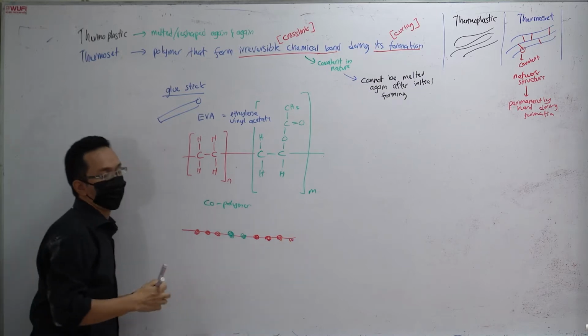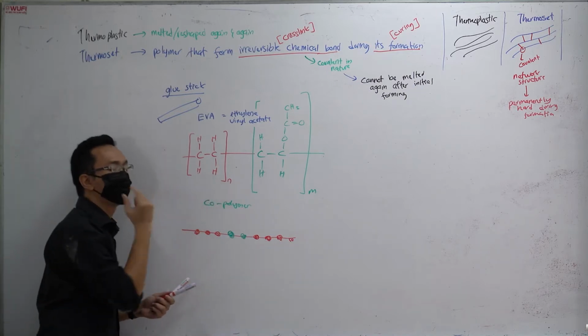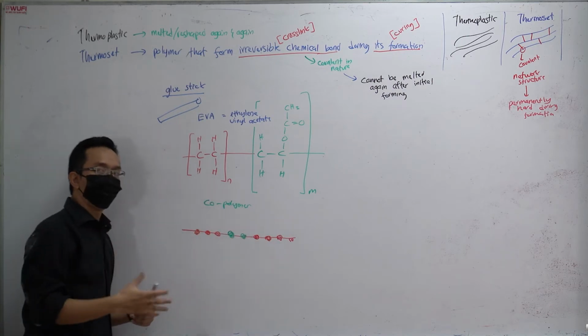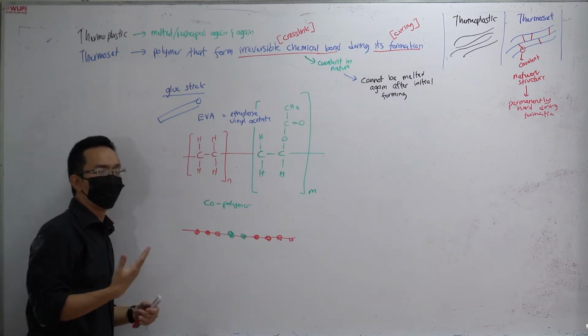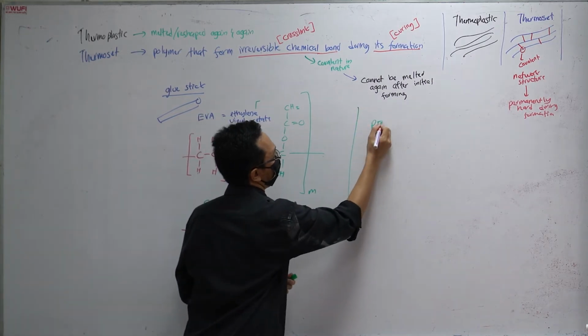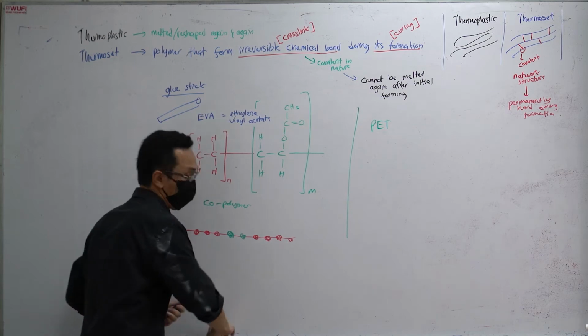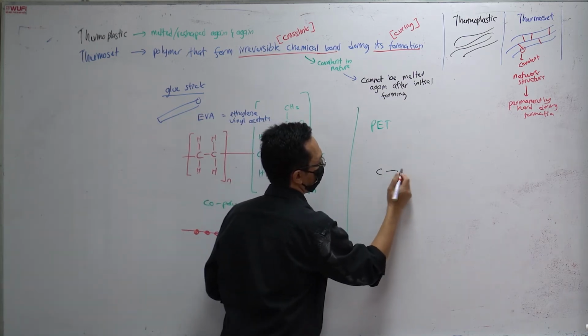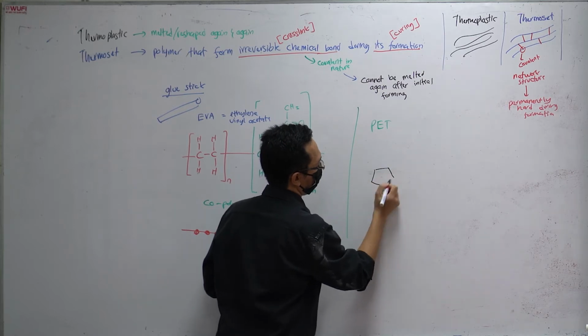This is a co-polymer, meaning that you have a distinct repeat unit in one chain. If you look at polyethylene terephthalate, the PET that we learned in the previous class, it is a little bit different. So this PET, it's like this, right? I remember how this thing goes.